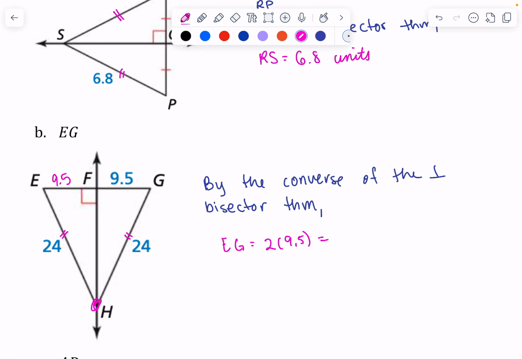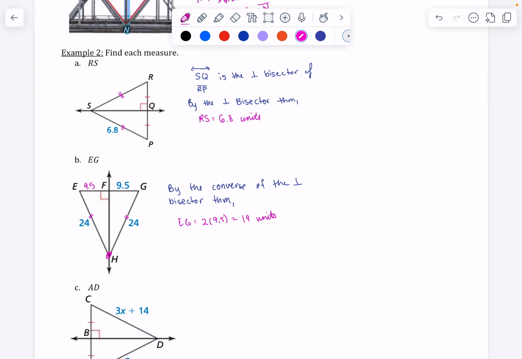So what that means is that EG is 19 units long.